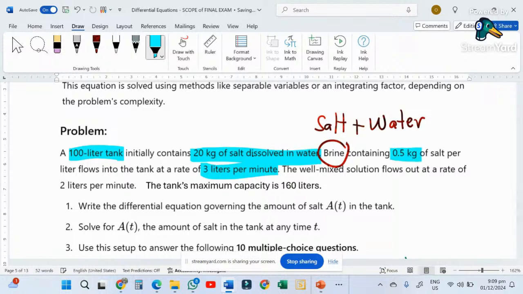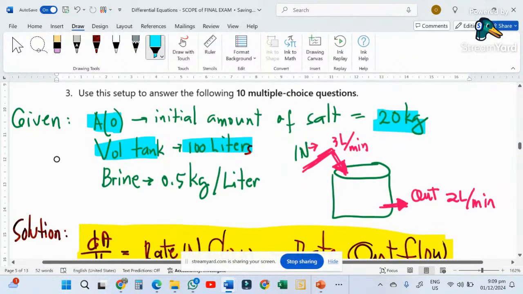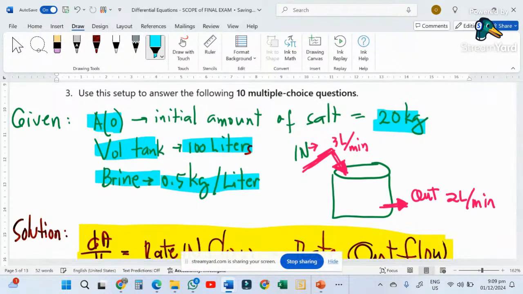Let me just shade all these ones here. So the consistency or the combination of the water and the salt is 0.5 kilogram of salt per liter flowing into the tank. Okay, so we have a brine, 0.5 kilogram per liter, and that goes into our tank at 3 liters per minute.